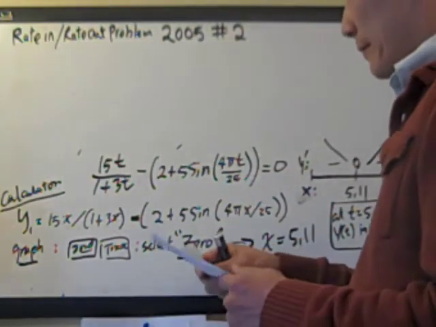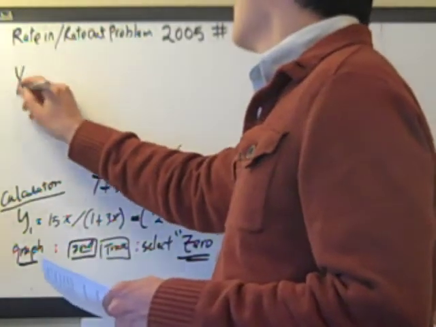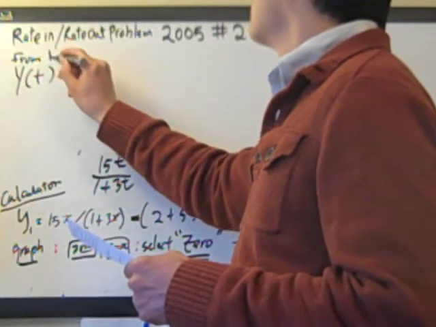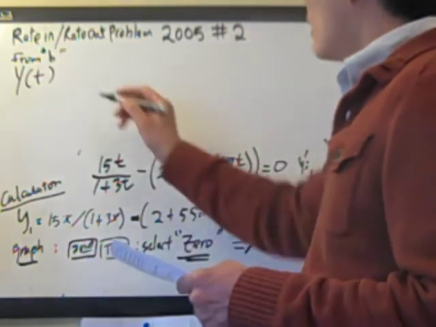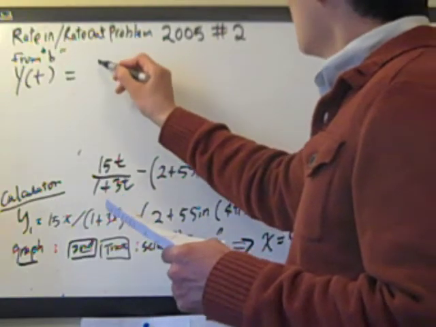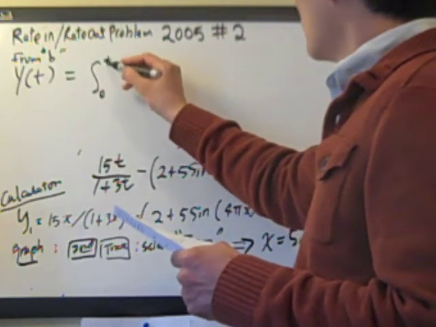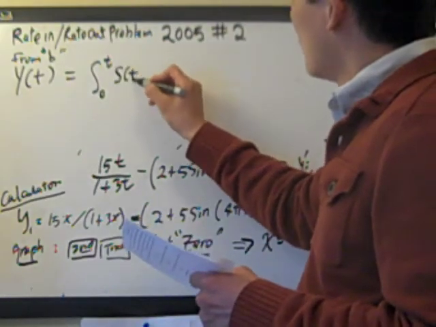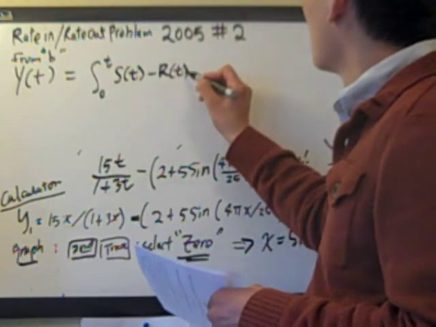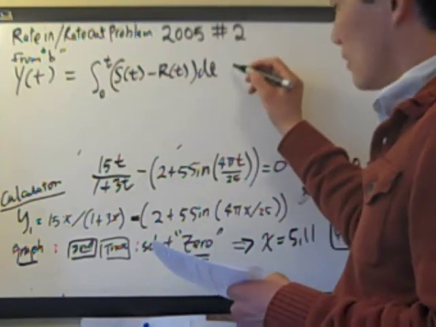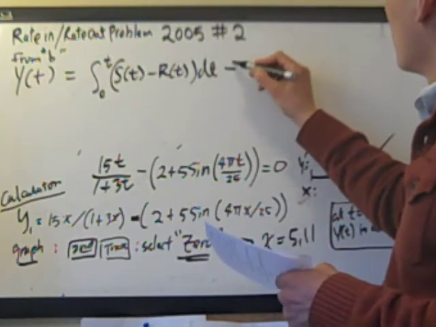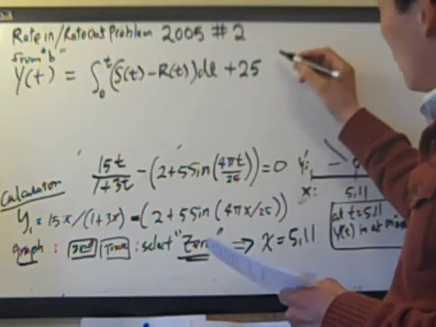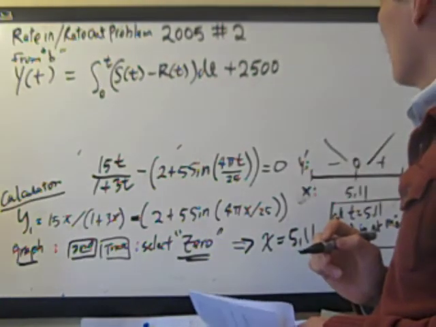You remember earlier we figured out, from part B, that y of t is equal to the integral from 0 to t of s of t minus r of t dt, and then we add the initial amount of sand on the beach, 2,500.